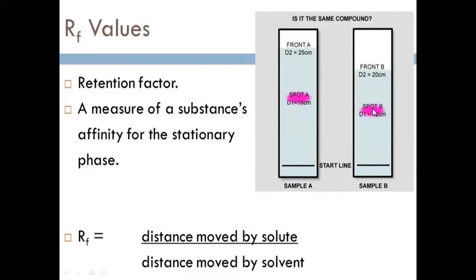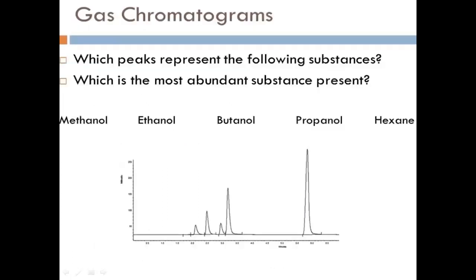All the solutes, meaning the constituents or chemical moieties we are going to find out, have different affinity towards the stationary phase, and accordingly they travel along the plate. So 12 by 20 for sample B and 15 by 25 for sample A give different Rf values. You will know the specific Rf value with your reference.